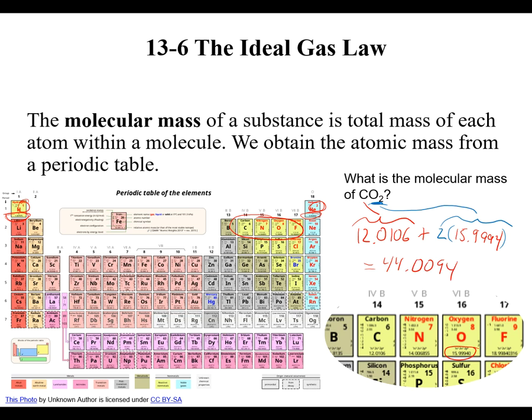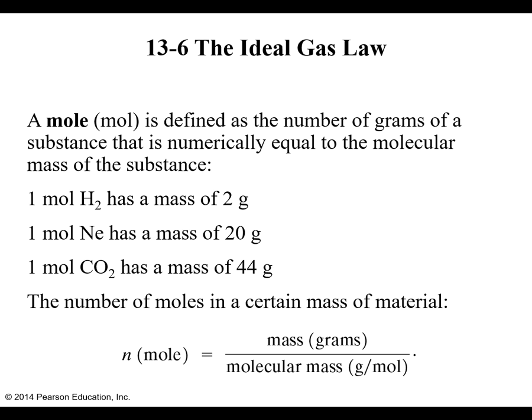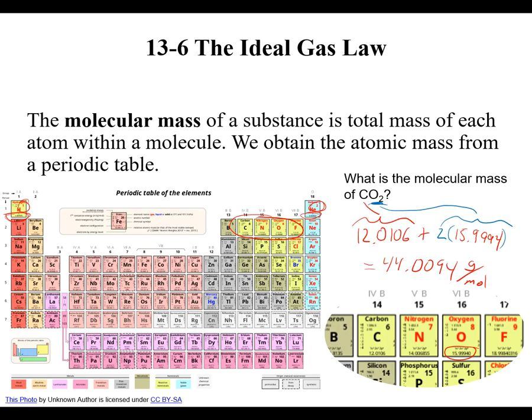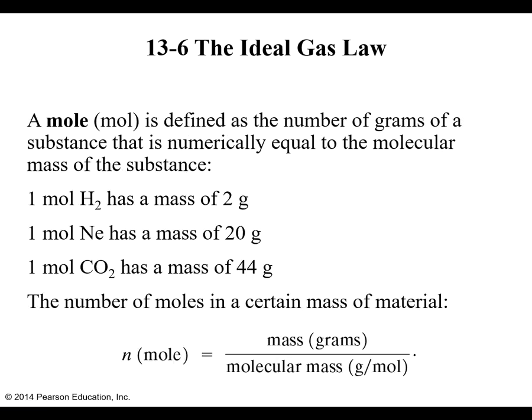Well, what are the units? We'll define it here as something called grams per mole. Now, a mole is defined as the number of grams of a substance that is numerically equal to the molecular mass of a substance. In other words, 1 mole of carbon dioxide is going to have a mass of 44.0094 grams. That's the idea of a mole.